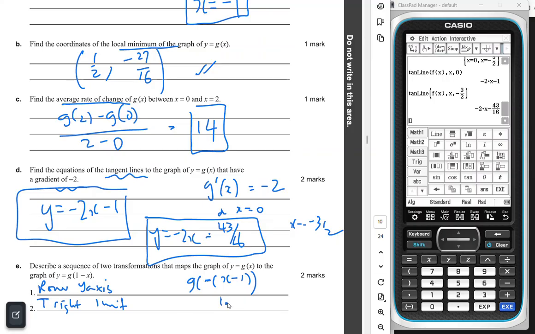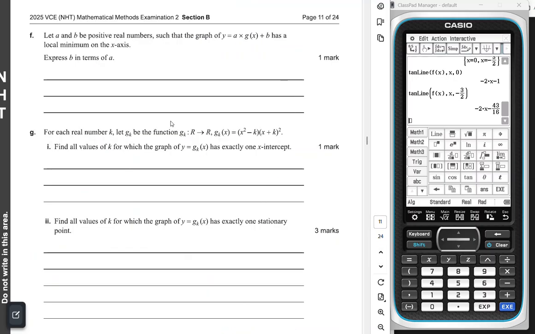You could also go for translate left 1 unit, and secondly, reflect over the y-axis, and both of them are correct.